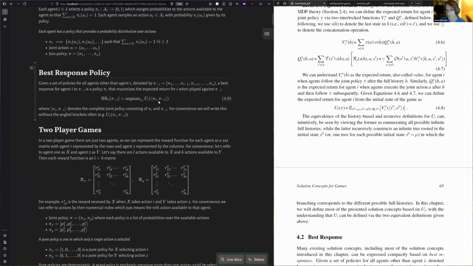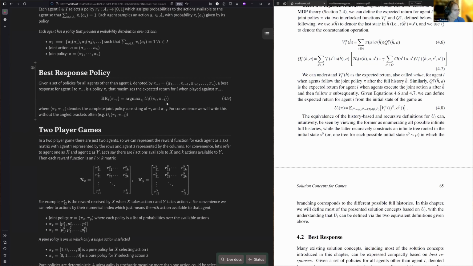Does that at least make sense as a concept? Even if, wait, why are we considering all the other agents as fixed? Well, because it allows us to define this concept. Like if we just have all the agents can do anything, then we're sort of lost. Like we don't know.